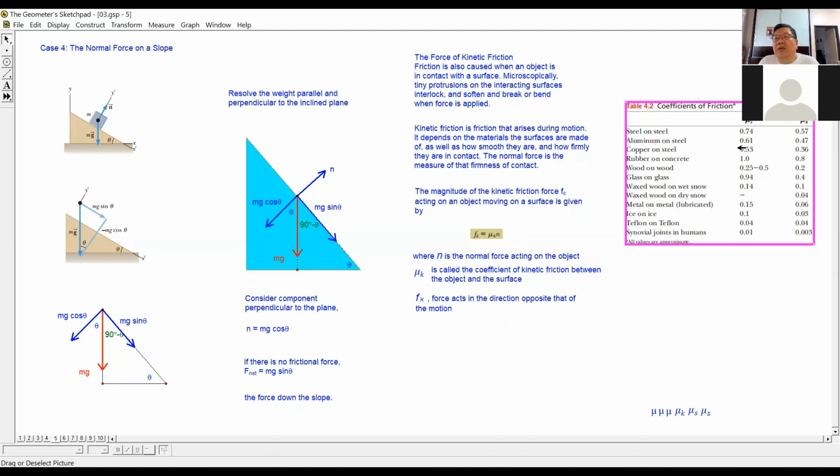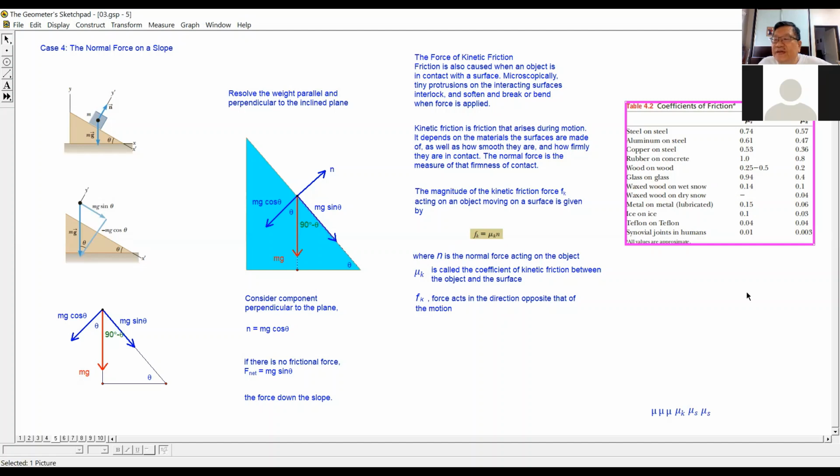Okay, now I ask you, which two surfaces produce the biggest friction? Now you look down the list here. Can you tell me which one will produce the biggest frictional force?